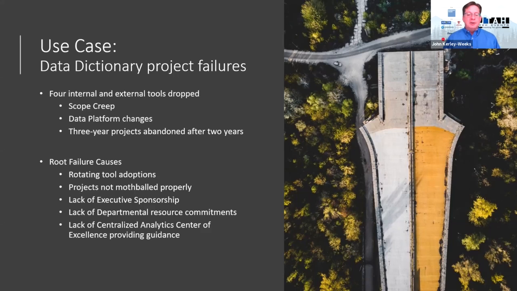The departmental resource commitments were highly aligned with the executive sponsorship, and many of the people we were talking to felt that having a centralized analytics center, rather than a distributed organization meeting the needs of individual departments, could focus on big picture items that are shared across the organization, like data dictionaries, and could provide guidance on best practices within the departments, would have been particularly helpful.